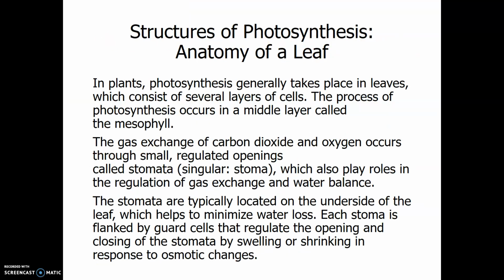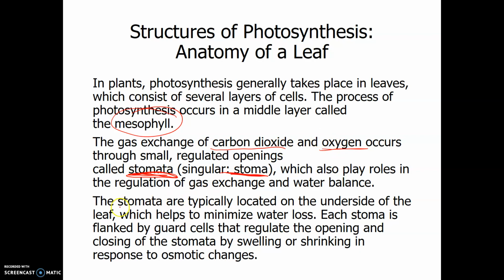As far as photosynthesis in the leaf, the process occurs in the middle layer of a leaf called the mesophyll tissue. Stomata, which is the plural form, stoma being the singular form, are pores on the underside of the leaf, which allow for carbon dioxide to enter and oxygen to leave.